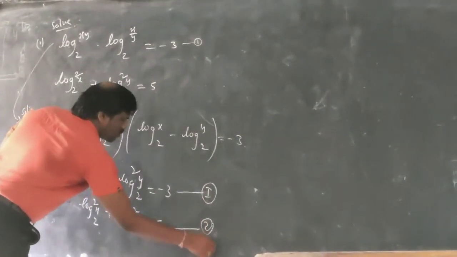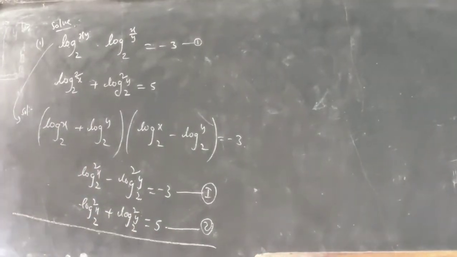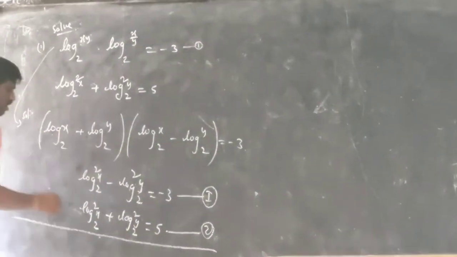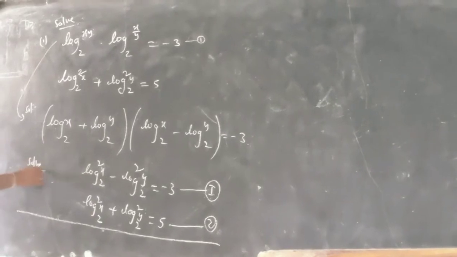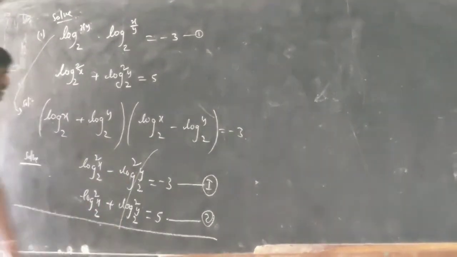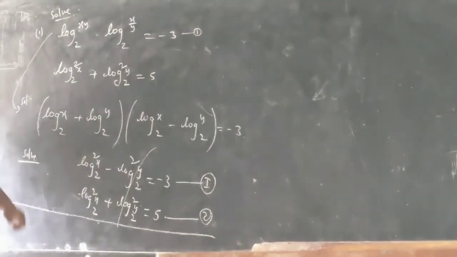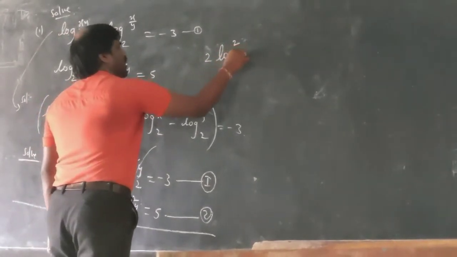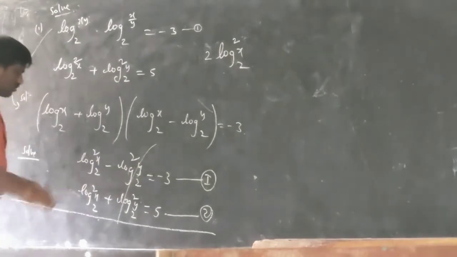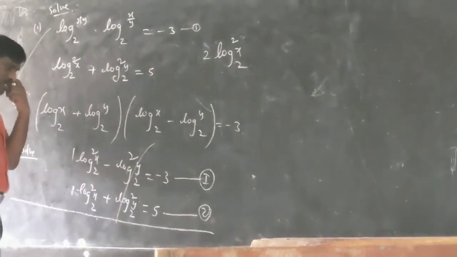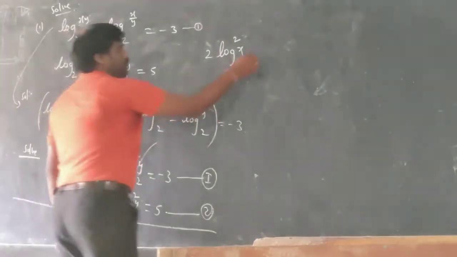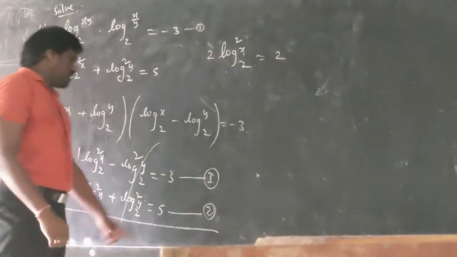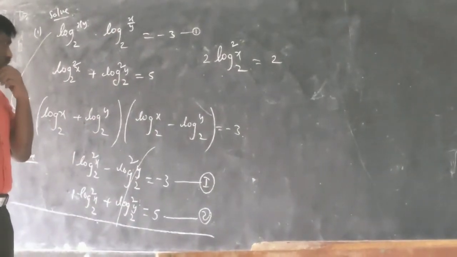This is the second equation. Solving 1 and 2 here, what am I going to get? This is going to cancel out. So 2 times log square x with base 2 is what I get. 1 plus 1 is 2, and 5 minus 3 is plus 2.